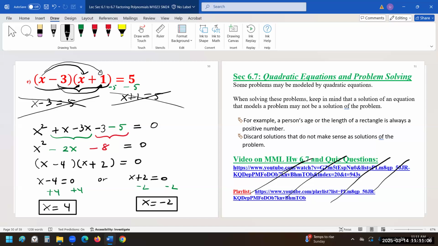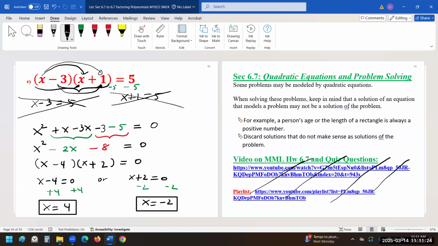Like when you shoot a ball, it makes a curvy path. So you can ask yourself, after how many seconds of throwing the ball, it may hit the ground. You can find that by solving a quadratic equation.